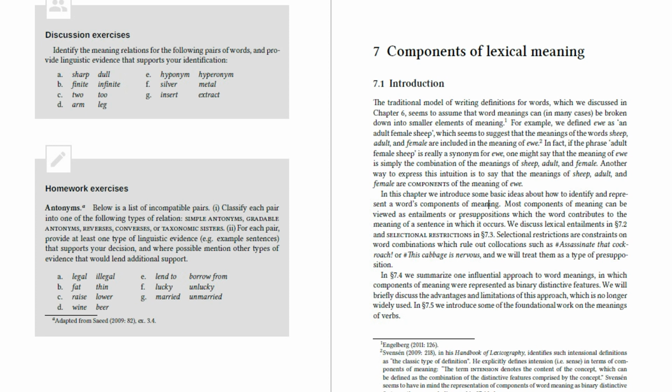Today we will continue from the book. If you open your own book on chapter 7, we have to continue what we finished previously. So currently we reach chapter 7 to talk about components of lexical meaning.